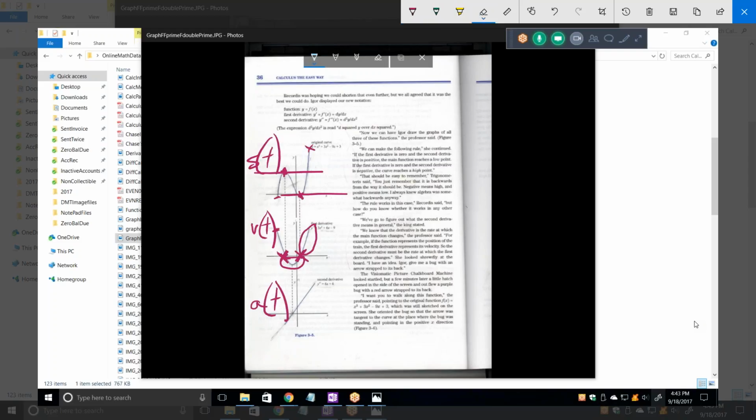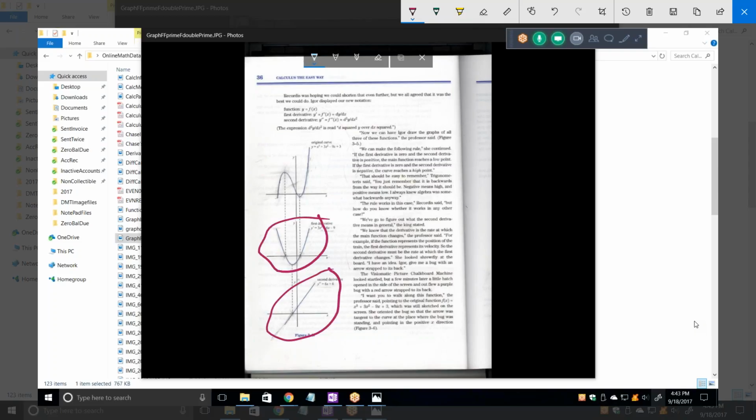Now, to carry that thinking down to the second derivative, all you really have to do is think of that as being the first derivative of that. And the same rules apply. When this function, whether it's the first derivative or the original function, doesn't really matter, when it's decreasing, this is negative. That's negative acceleration.